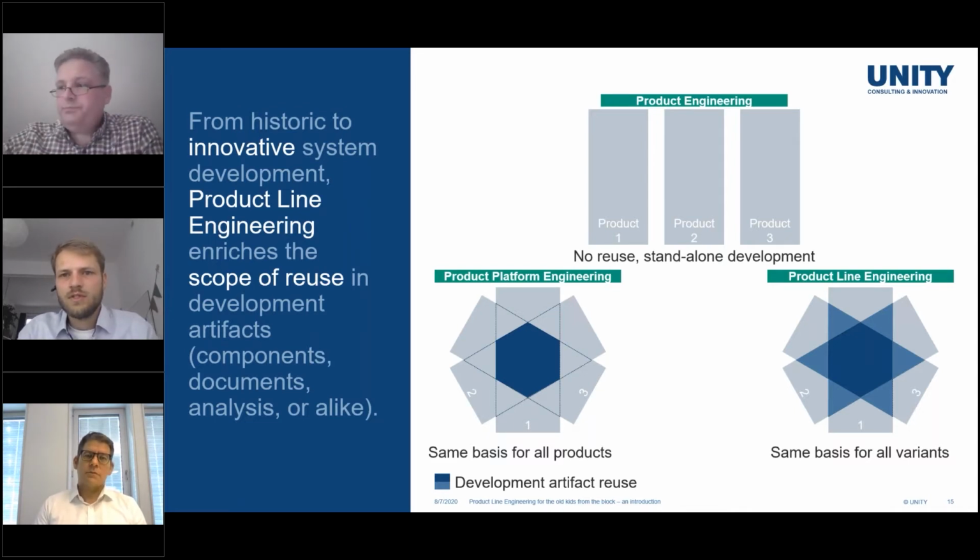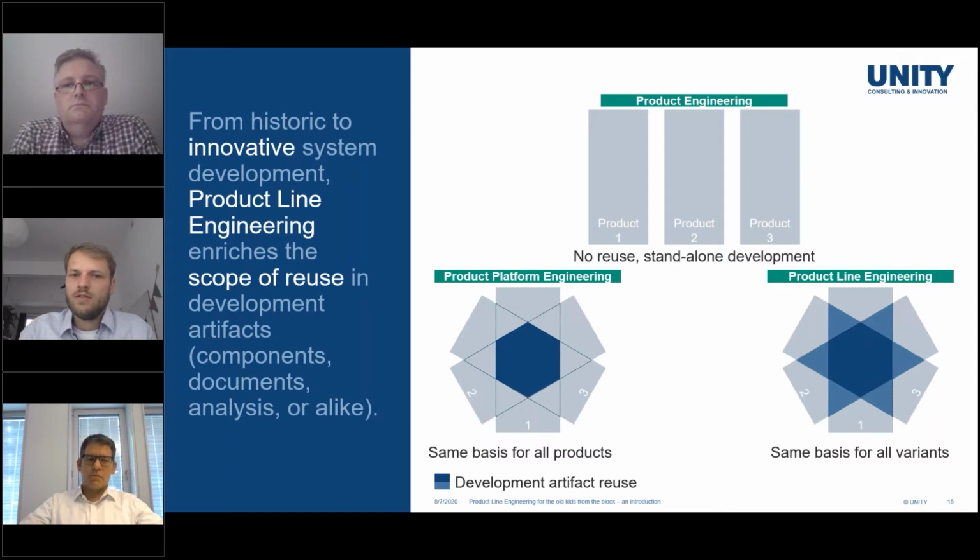The point is that we want to highlight the difference: product engineering back in the day was mainly used for a single development of a product. So you always had a specific project team developing a product, and there was no reuse of any component except maybe your knowledge management in the organization, or the increased experience of the engineers.